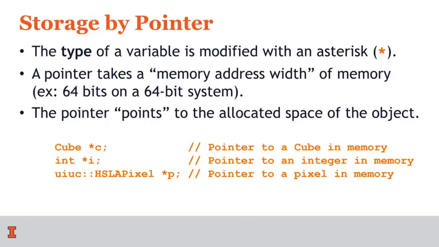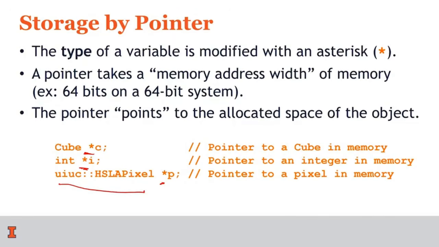So for example, I'm on a 64-bit machine, and on a 64-bit machine, the memory address is 64-bit long. And as we learned with heap memory, a pointer simply points to the memory allocated for the object. Here's a cube pointer denoted by the star. Here's an integer pointer denoted by the star. Here's the HSLA pixel, again denoted by the star. The star denotes these are each pointers.